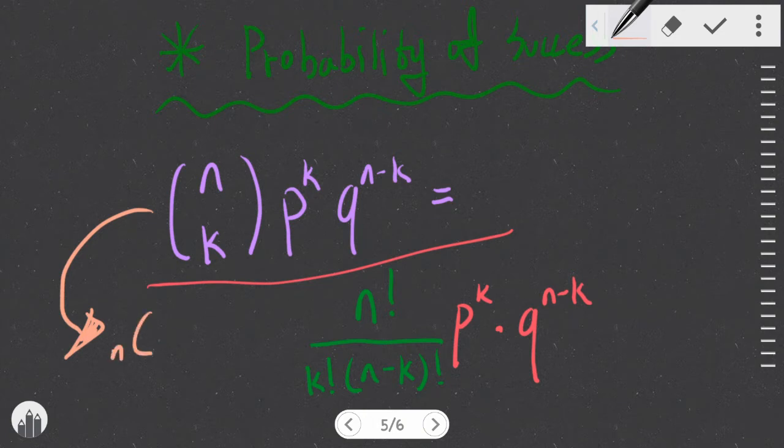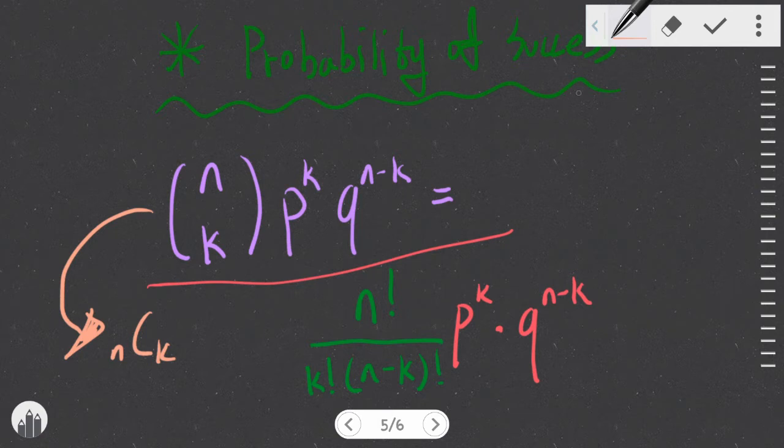It's noted as nCk. So we see nCk multiplied by p to the power k, where p is, as we've seen before, the probability of success, and q is the probability of failure.